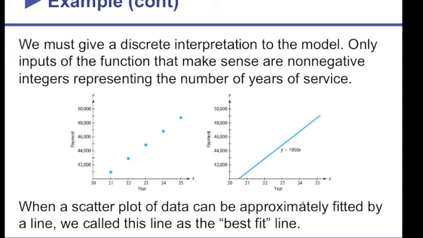When the scatter plot is approximated by a line, we get the best fit. So this is the line of best fit for these dots. Because it is y equals 1,950x, and that worked for all of them, we had a constant first difference, so we can get that equation.